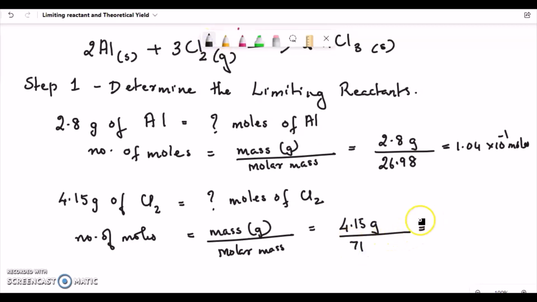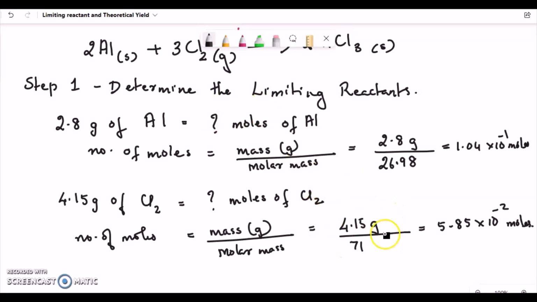So the number of moles of chlorine we get will be equal to 5.85 times 10 raised to minus 2 moles. So this is the number of moles of aluminium and this is the number of moles of chlorine that is being used in our reaction.